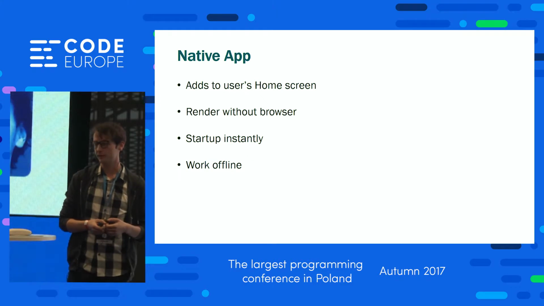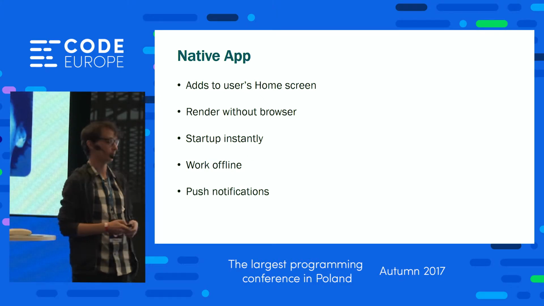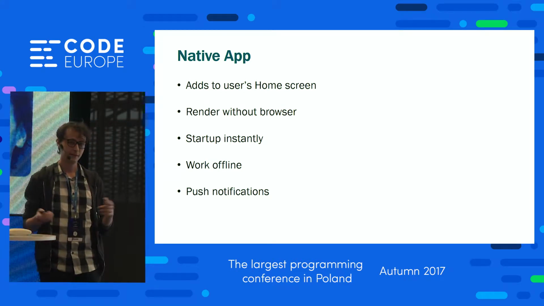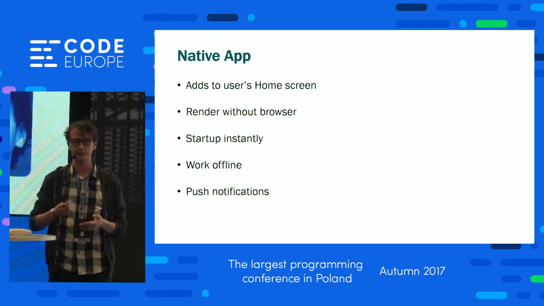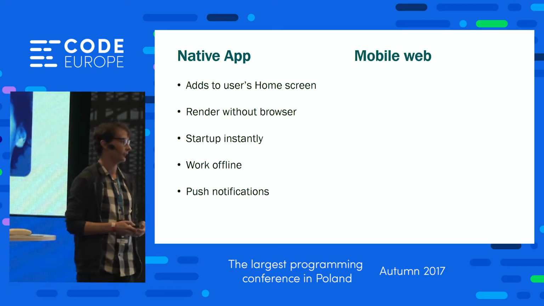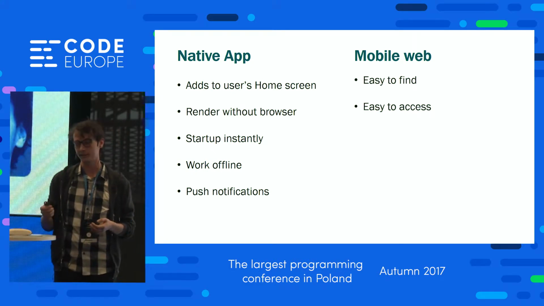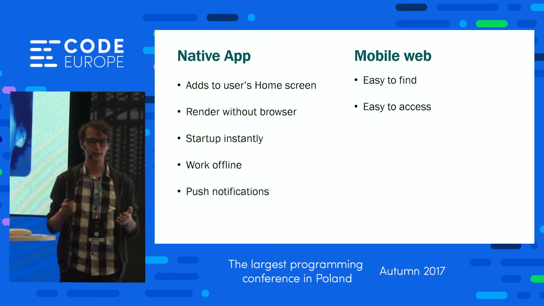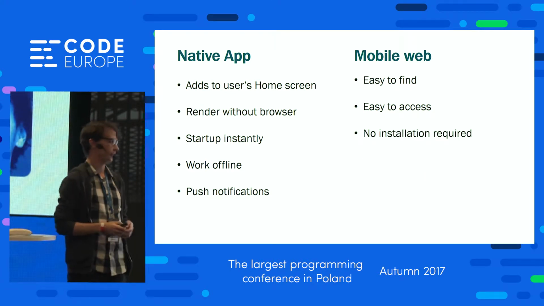And using those techniques, you can enable some advanced enhancements, such as push notifications, which are also typical to native. But at the same time, your website stays a website, mobile website, which maintains all cool features of mobile websites, such as the fact that it's easy to find and easy to access through simple URL, which you can easily share across the devices and between people in a form of link.